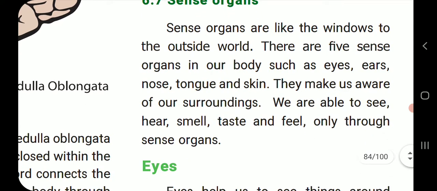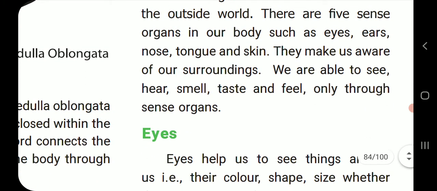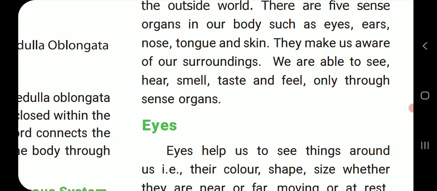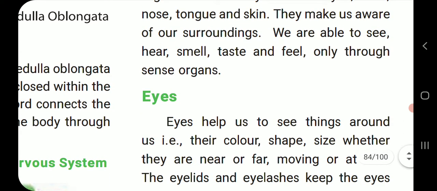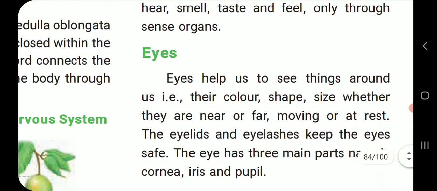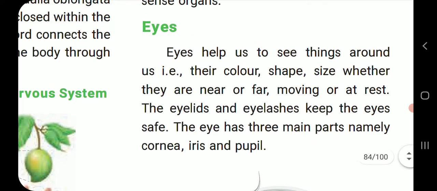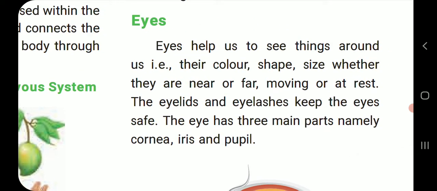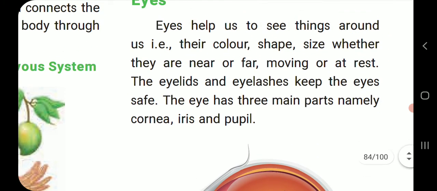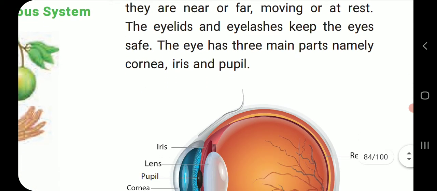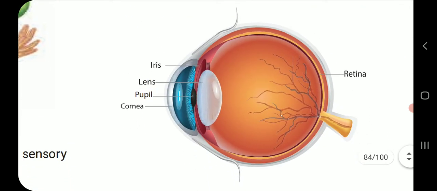The five main sense organs help us see, hear, smell, taste and feel. Okay, eyes help us to see things, and they recognize the color, shape, everything.